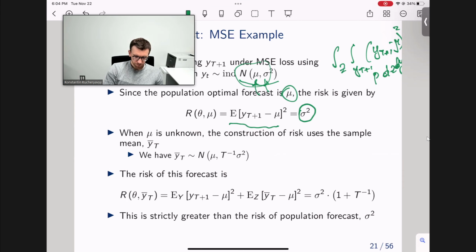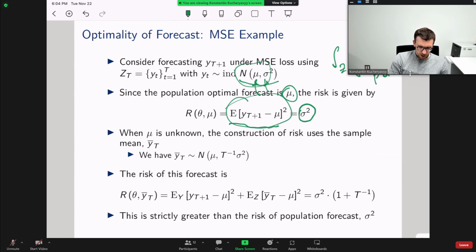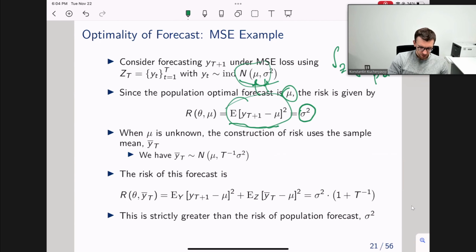Then instead of this object, our risk will be calculated like this, squared.